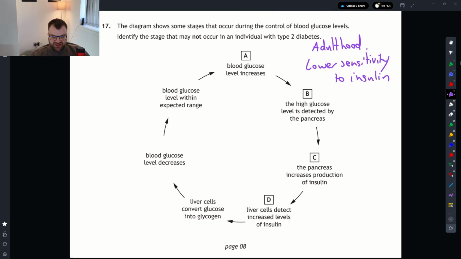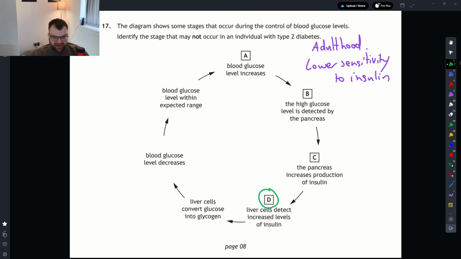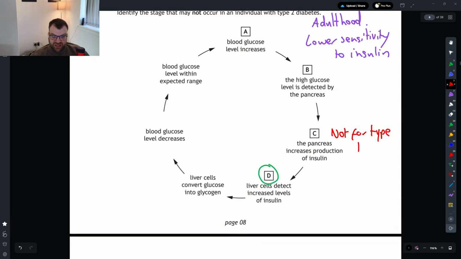They can still produce it. Now, this is the problem part. So they have insulin, but their body doesn't respond to it in the way it's supposed to do. That's going to make that one the correct answer. If it was type 1, that would be the production part. So this one not for type 1. That's the one that's treated with insulin injections.